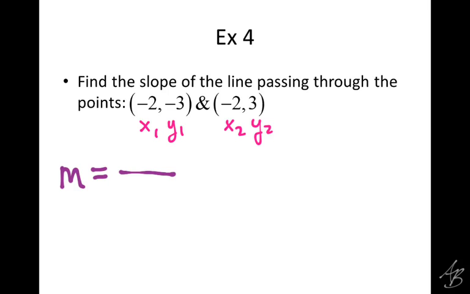What is y2, Niall? 3 minus y1, which is what, Taylor? Negative 3. So we've got y2 minus y1 on the top, and on the bottom x2, which is what, Travion? Negative 2, and then minus x1, which is what, Ronnie?